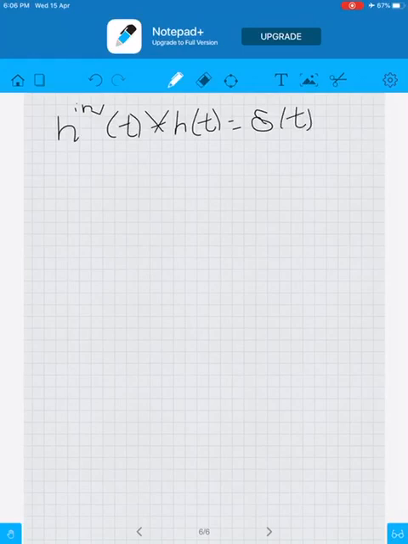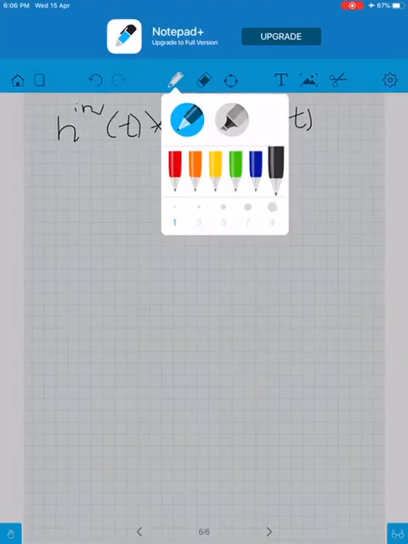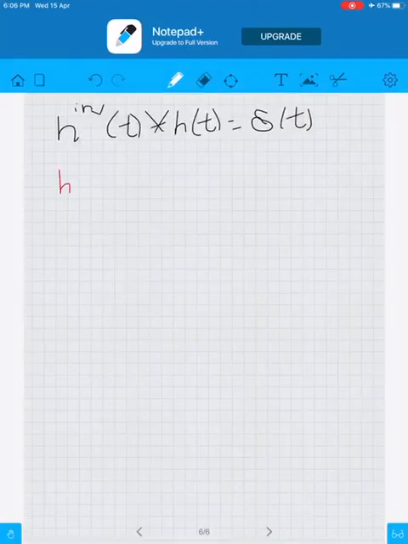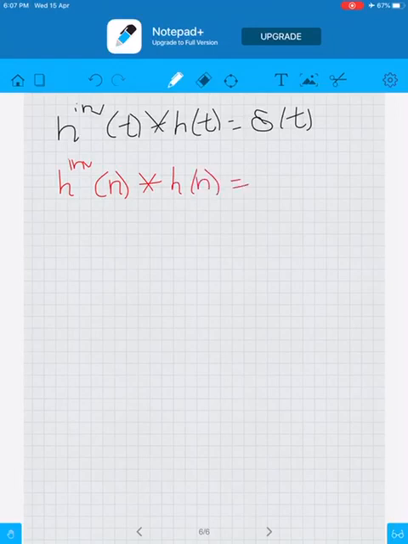And similarly, for a discrete time system, we can obtain the condition as, when h inverse of n is convolved with h of n, which is equal to delta of n, then we say that system is invertible, where h of n represents the impulse response of system 1 or the original system, and h inverse of n represents the impulse response of the inverse system.